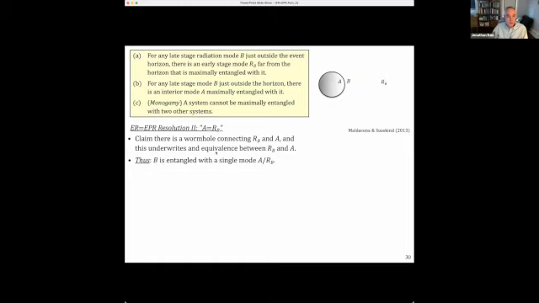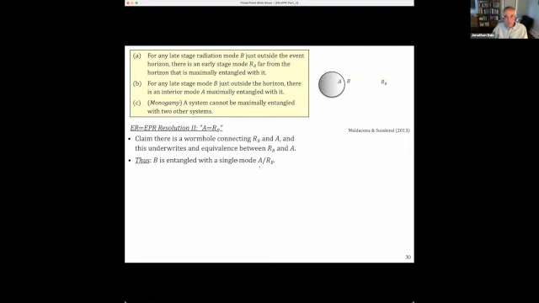So the claim here is that there is a wormhole connecting RB and A, and that this underwrites an equivalence between RB and A. Right, and so this allows us to resolve the conflict between these three claims in the yellow box, to the extent that we can now say B is not entangled with two other subsystems, rather it's just entangled with a single system, namely the system A/RB.